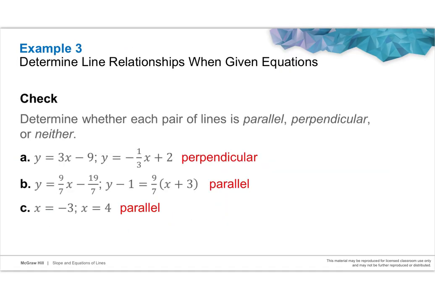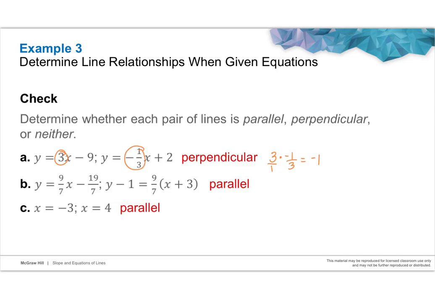For our check for example 3, you can see the answers here. Just analyzing the slopes, we can say perpendicular because 3 times negative 1/3, thinking of that as 3 over 1, does equal negative 1. Obviously, those two numbers are not equal, so not parallel for sure.